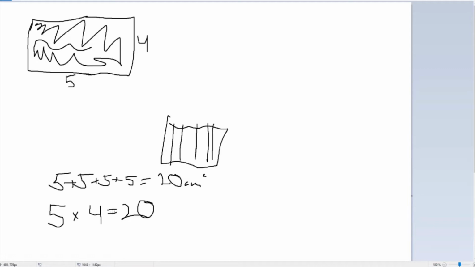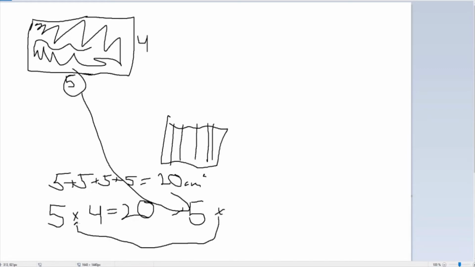So how can we write this? What I like to do is take 5, that's this number right here, times, that's the x, that multiplies with the next number. So 4, obviously from over here.